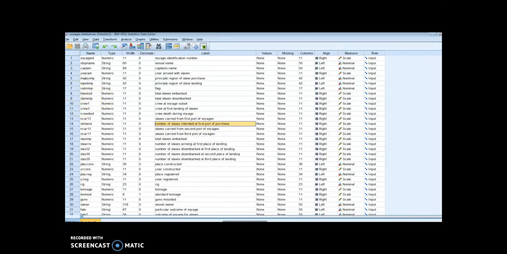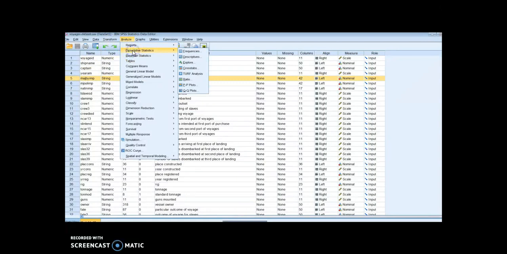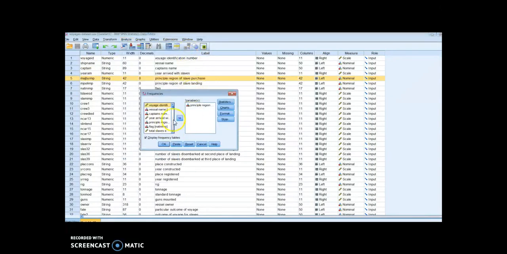First of all, let's suppose we're looking at a qualitative variable. A qualitative variable means it's categorical, such as the region of slave purchase. Let's take this for example. So we go to Analyze, Descriptive Statistics, Frequencies, and we can pick the region. Let me move this here.